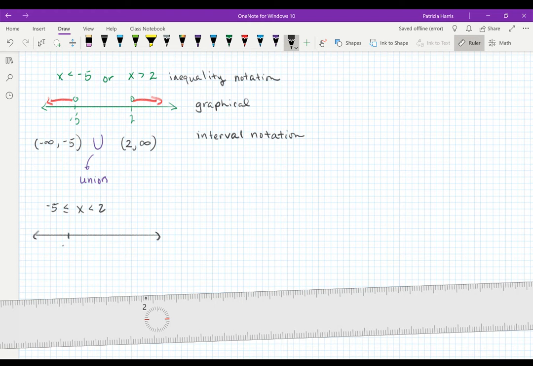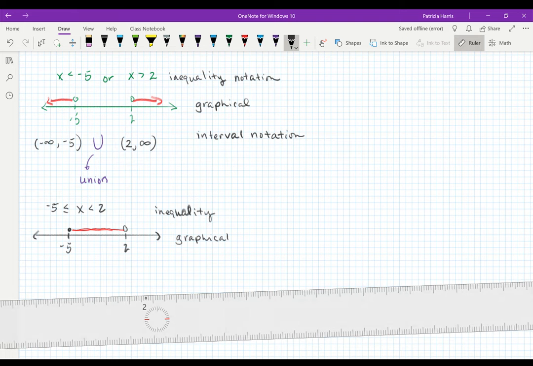So you go -5 here, 2 here, closed dot for our -5, open dot for our 2, and we want x between, like this. That would be our inequality notation, our graph.